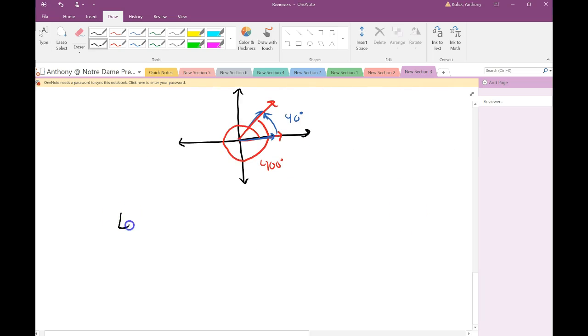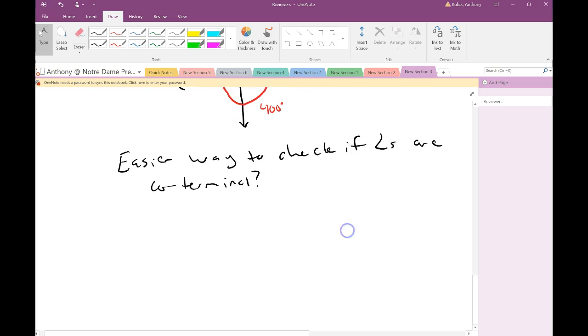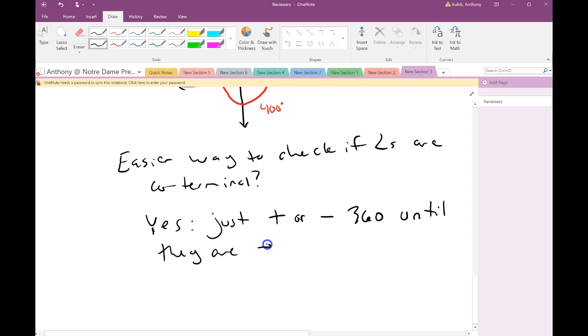So is there an easier way to check if something is coterminal? There's an easier way to check.